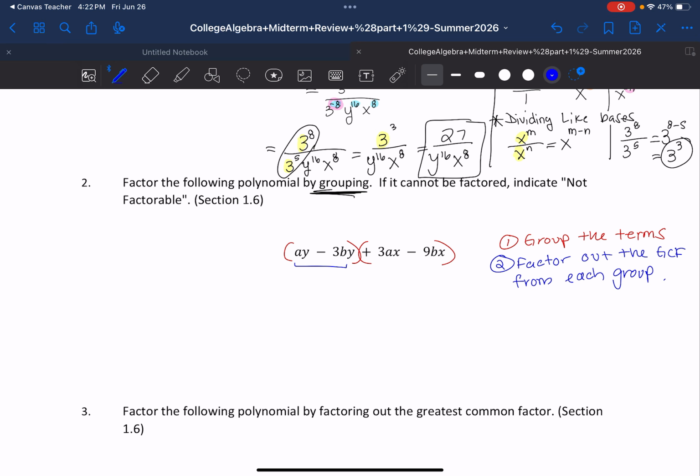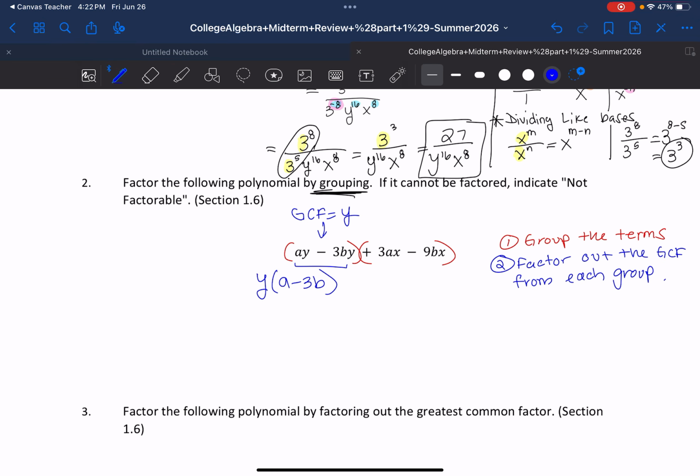Well, both of those terms have a factor of y in common. So the GCF is y. That is their greatest common factor. So I'm going to pull out the common factor of y and multiply by what's left after I divide both of those by y. So that'll leave me with a minus 3b.